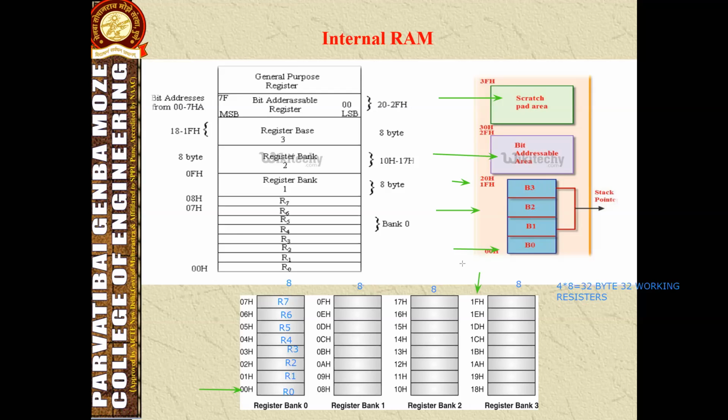The RAM locations 00H to 07H are set aside for bank 0. R0 is RAM location 00H, R1 is RAM location 01H, and R2 is RAM location 02H as well.